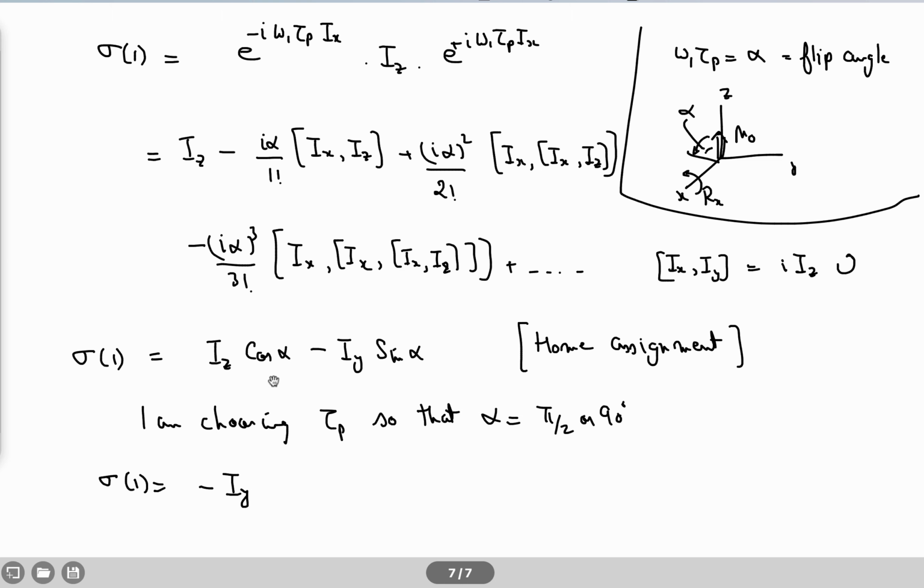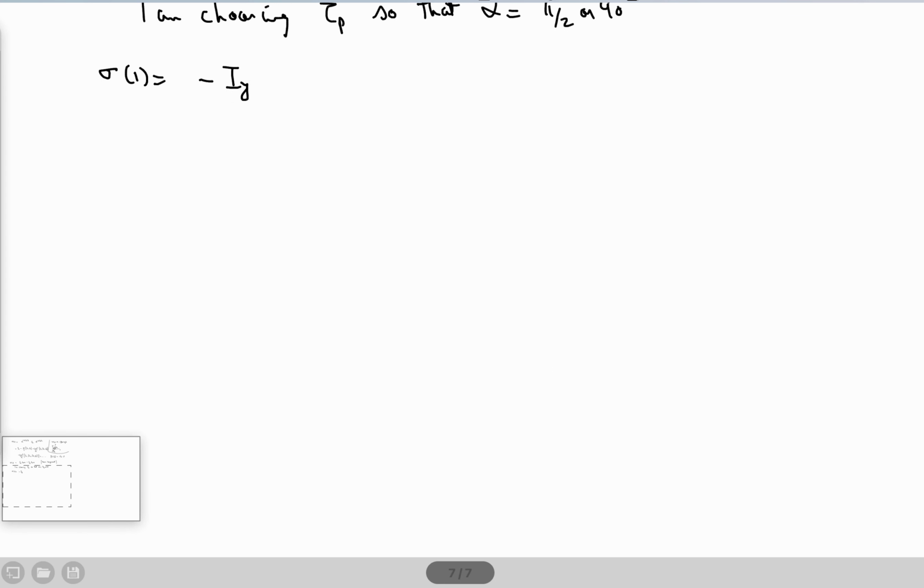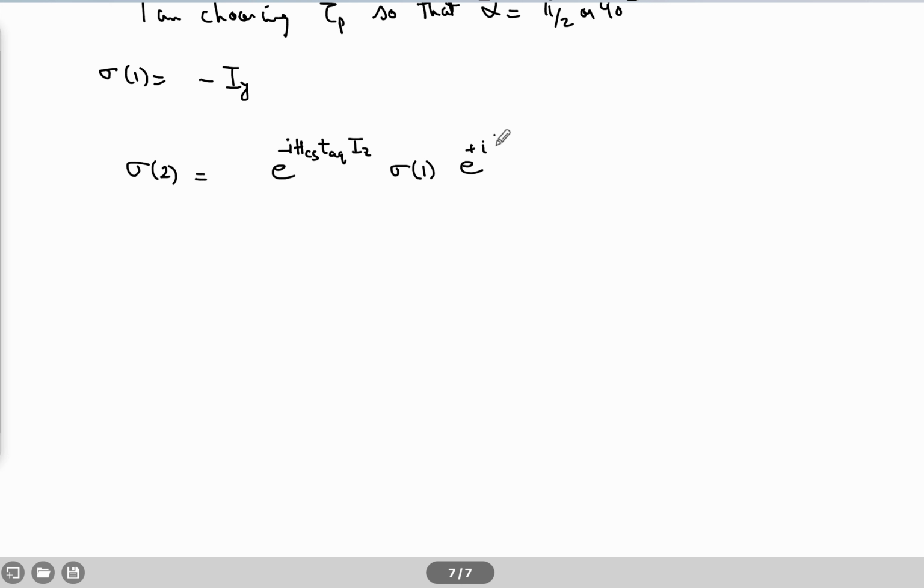Now let us calculate sigma 2. So now the perturbation is the chemical shift Hamiltonian, right? E to the power minus i chemical shift for a duration of t acquisition time, and I will have Iz as the Hamiltonian, right? And here I have sigma 1 and then plus i chemical shift.